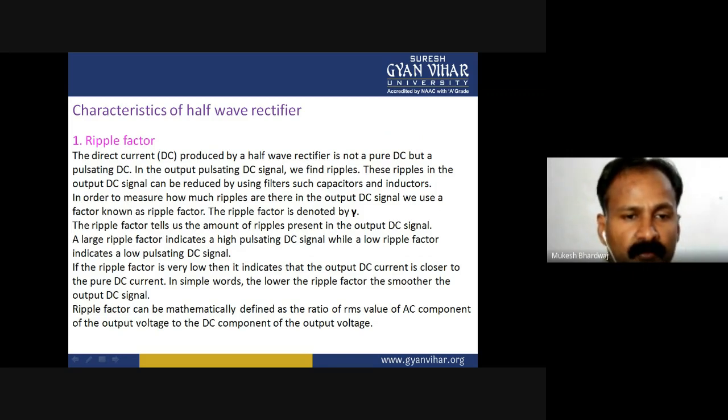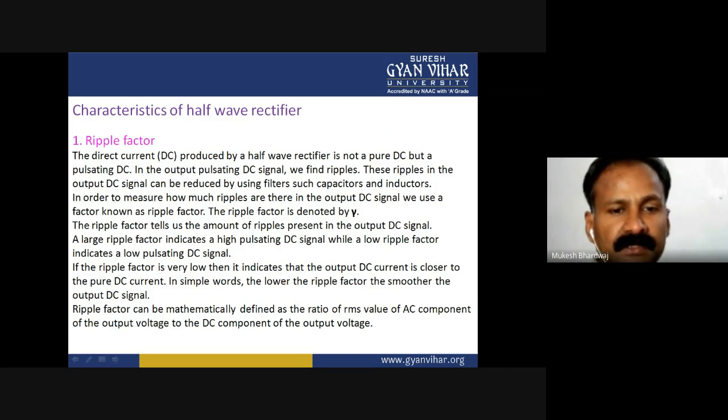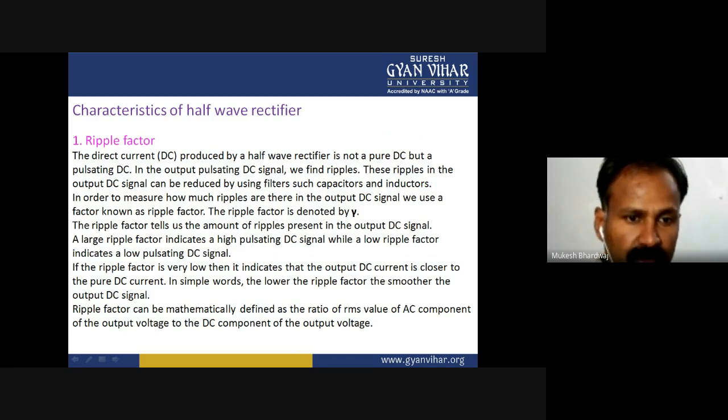The output pulsating DC signal contains ripples. These ripples in the output DC can be reduced by using filters such as capacitors and inductors. In order to measure how many ripples are there in the output DC signal, we use a factor known as the ripple factor. The ripple factor is denoted by gamma.